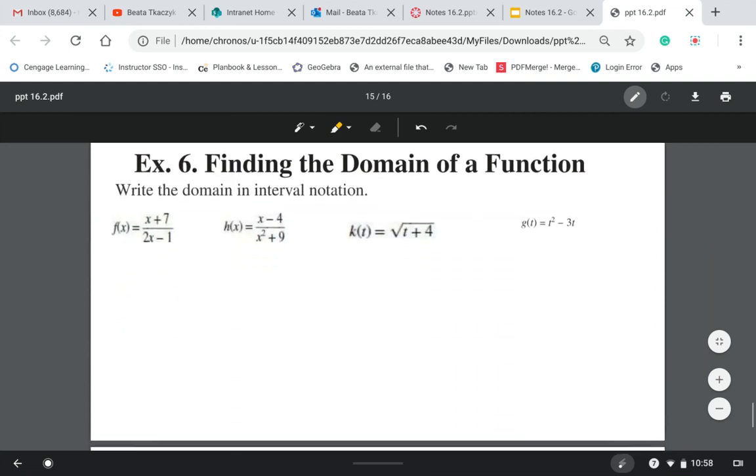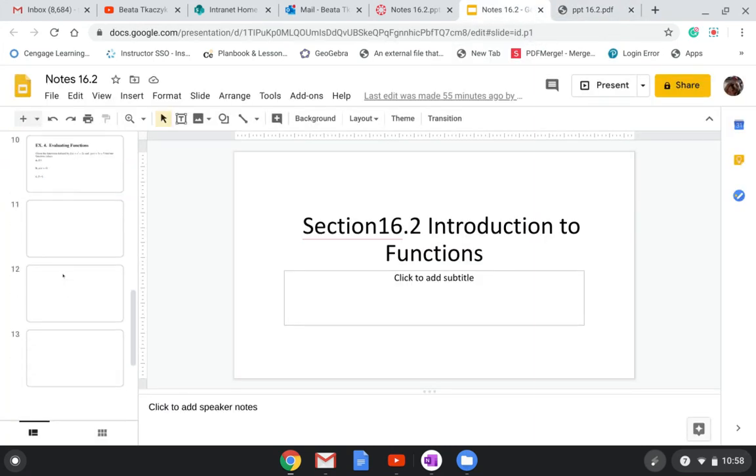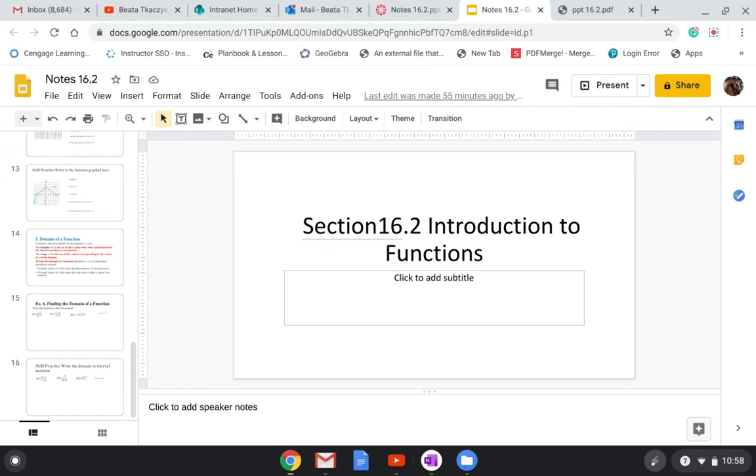So we'll talk about this problem, finding the domain of the function. And since I want to give you some hints, I will just copy and paste that. That's the last slide.